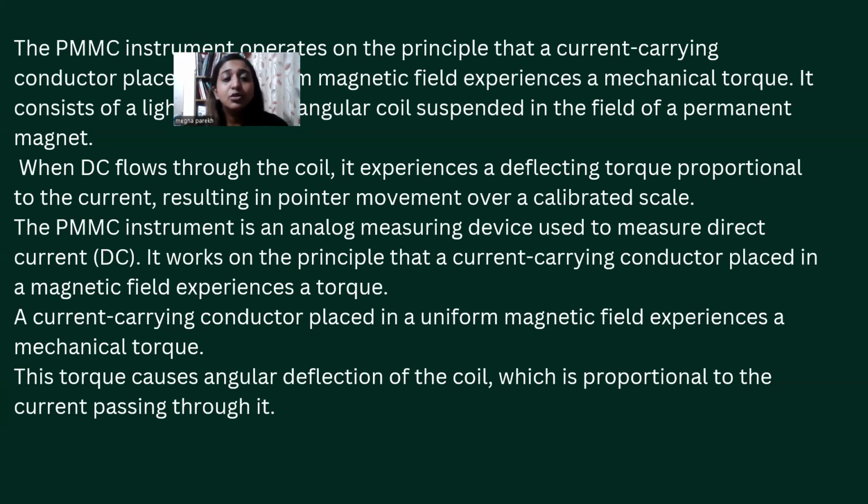The PMMC instrument is an analog measuring device used to measure direct current. This torque causes angular deflection of the coil, which is proportional to the current passing through it.